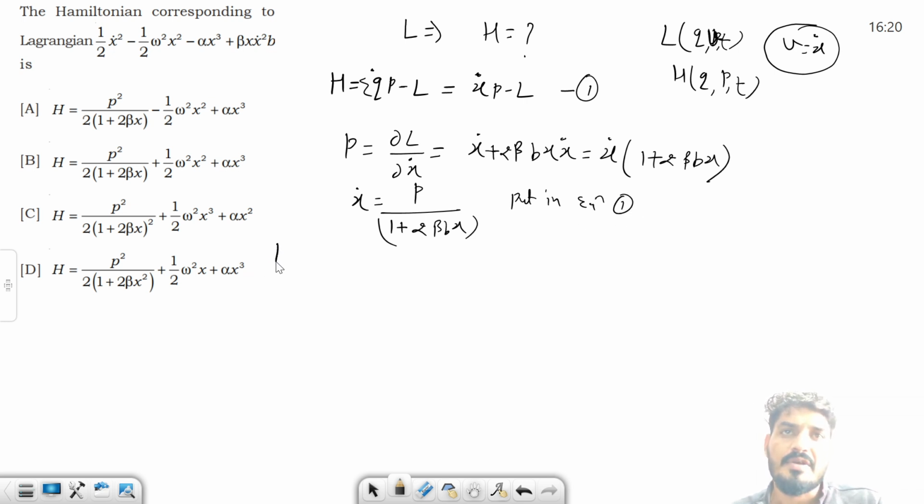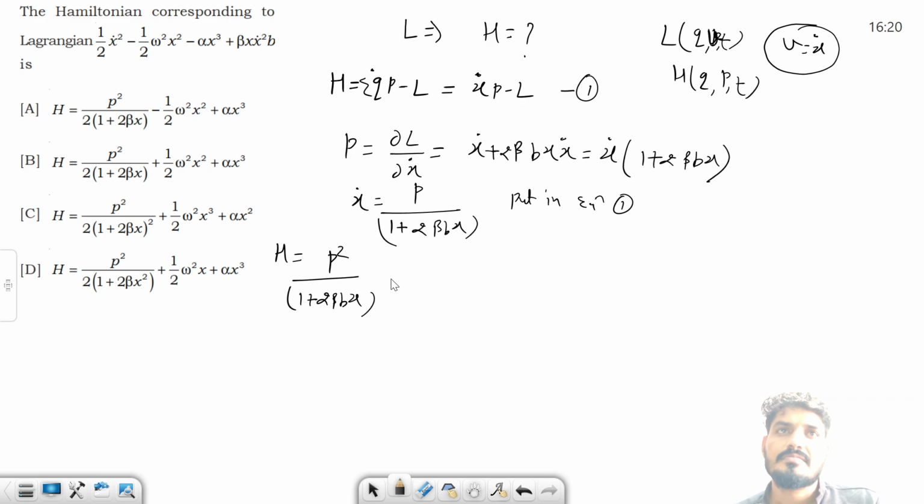So the Hamiltonian becomes now x dot p. So this x dot I will put here. This will give you p into p, p square divided by 1 plus 2 beta b x.